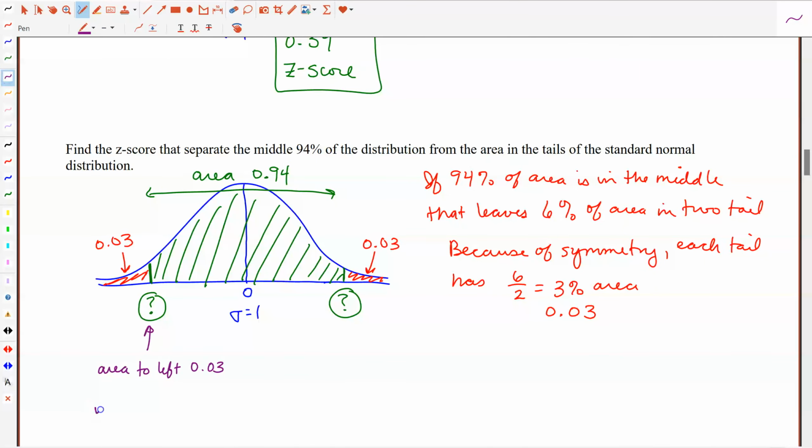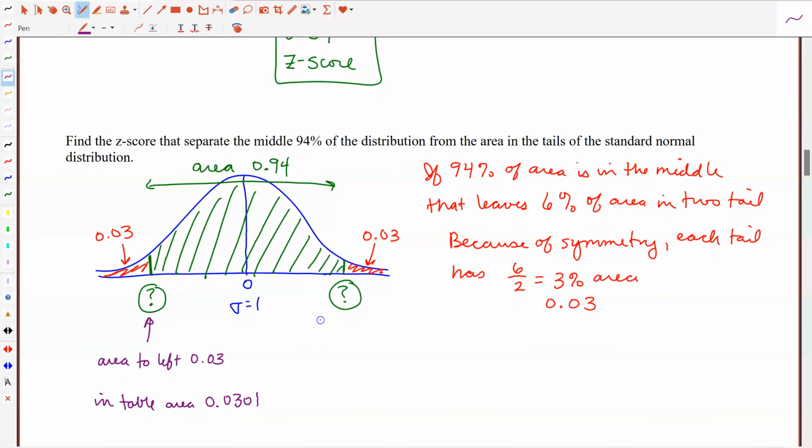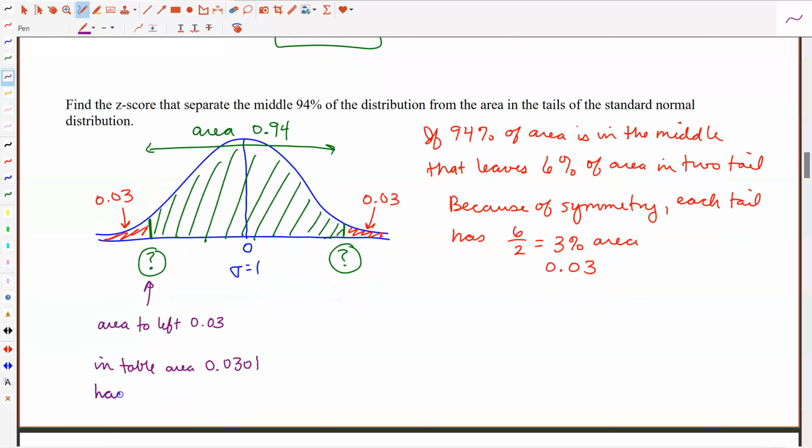So in the table, we found the area, I'm just recording what we found. We found that the area 0.0301 has a z-score of negative 1.88. Okay, so that would be the z-score over here for the left part.